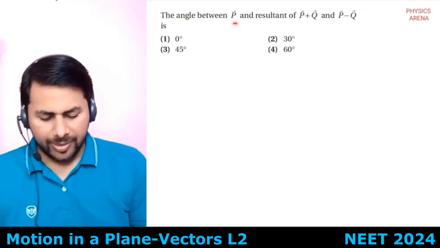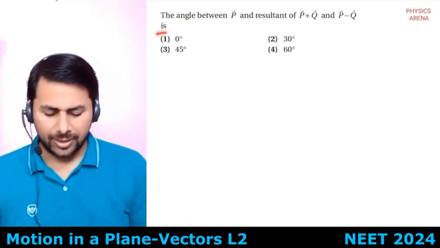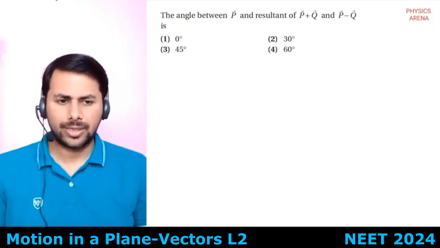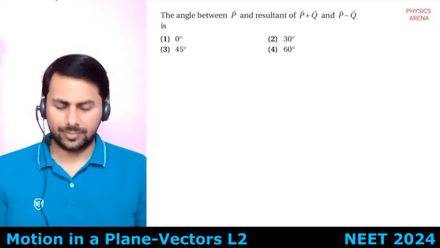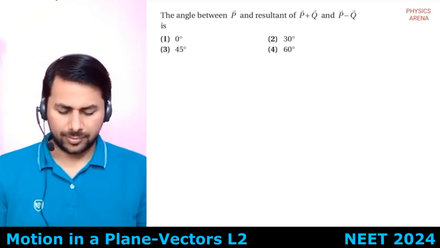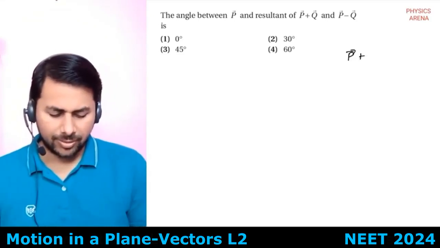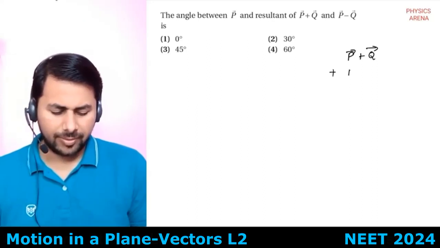The angle between p bar and the resultant of p bar plus q bar and p bar minus q bar is. Can you guess this? No, sir. This is very simple.